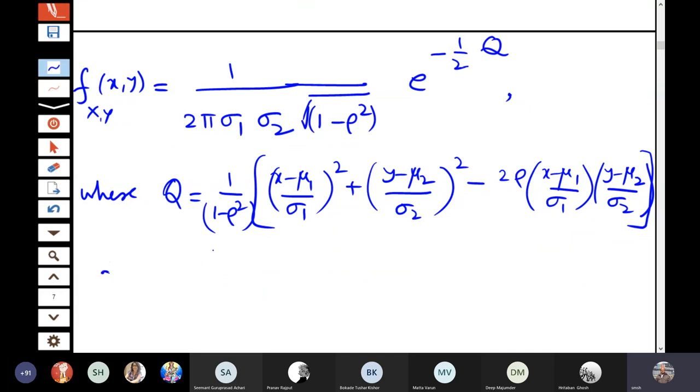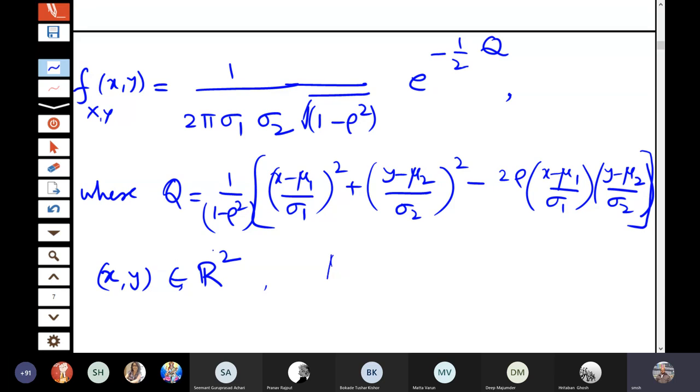So x is any real, from minus infinity to plus infinity, and y is any real from minus infinity to infinity. In fact, we should say that (x, y) belongs to R2, because it is a jointly distributed random variable, so it is better to write it like this.